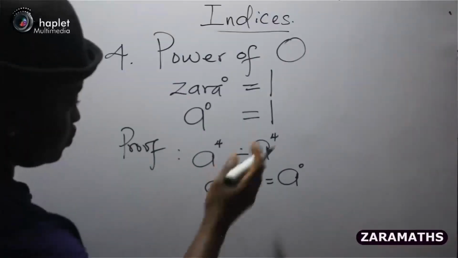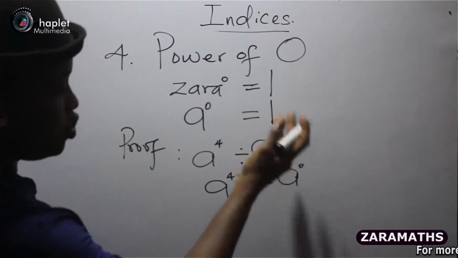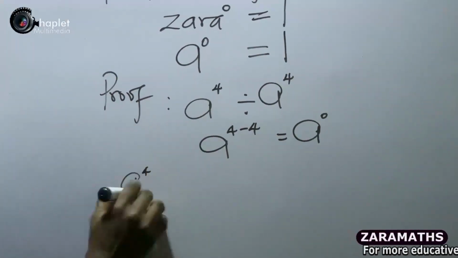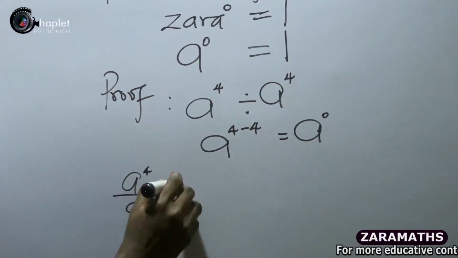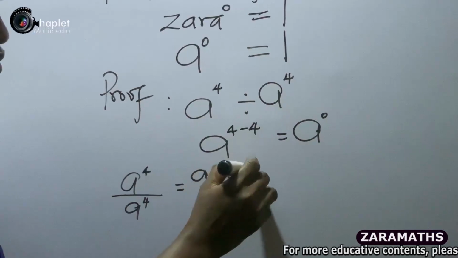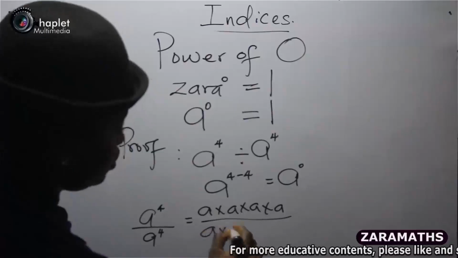I want us to prove how this becomes this and how a raised to the power of 0 becomes 1. A raised to the power of 4 dividing a raised to the power of 4 will give us a in 4 places over a in 4 places.